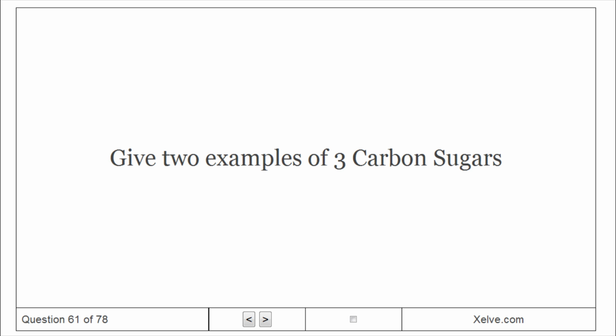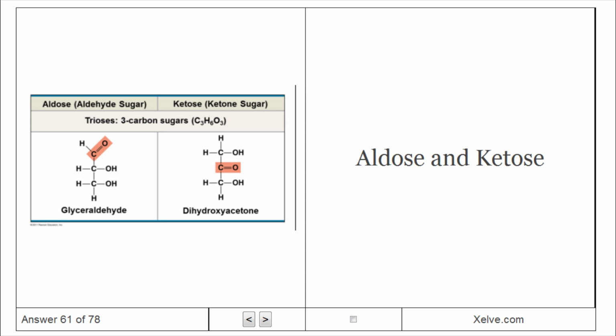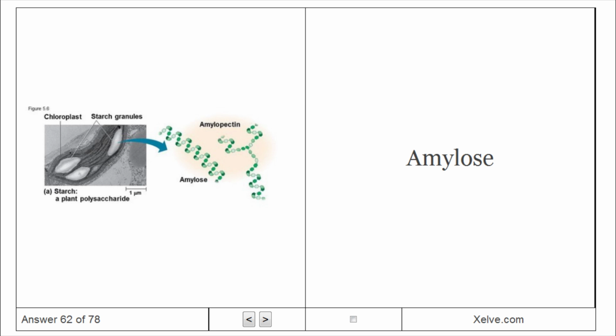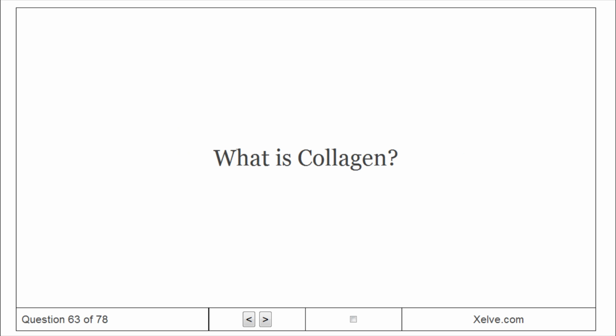Give 2 examples of 3-carbon sugars. Aldose and ketose. What is the simplest form of starch? Amylose. What is collagen?